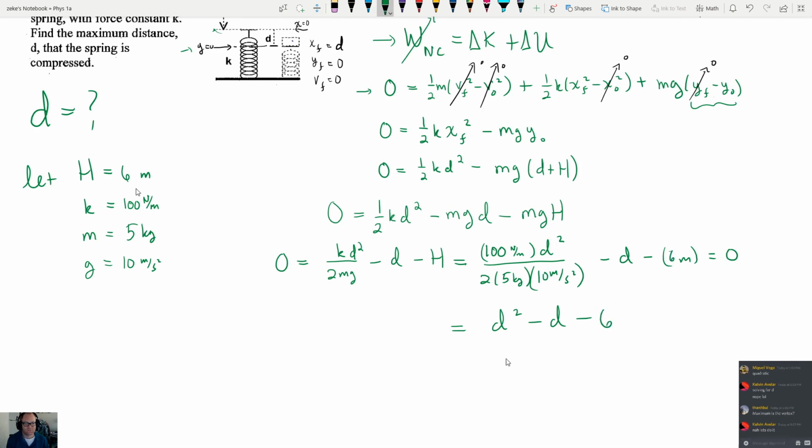And then we can do d minus... Wait. Well, I don't think I need to change k to 120, though, do I? That's why I wanted to make it 6. Why was the 5 easier?